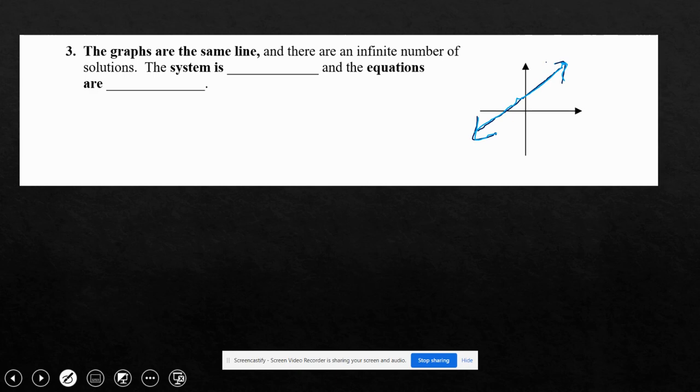That's our solution. Well, these touch all the time. They touch everywhere. So they have an infinite number of solutions, or infinitely many. This system, because we do have a solution, is consistent, and the equations then are independent.